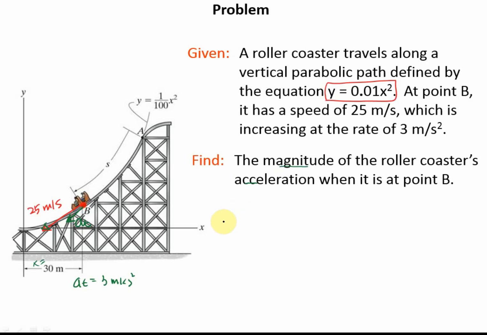In this case, we can use Cartesian or polar, but right now, since the tangential component of velocity is known, and the tangential component of acceleration is given as well, then when you just determine the magnitude of acceleration, it's convenient to use normal and tangential components.